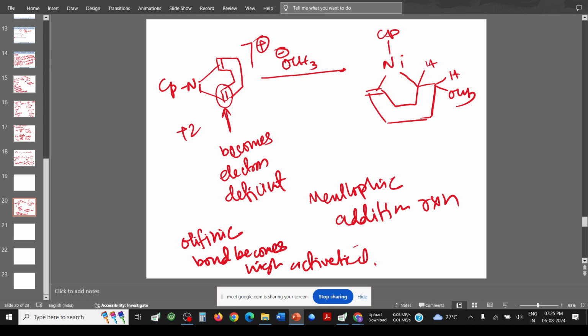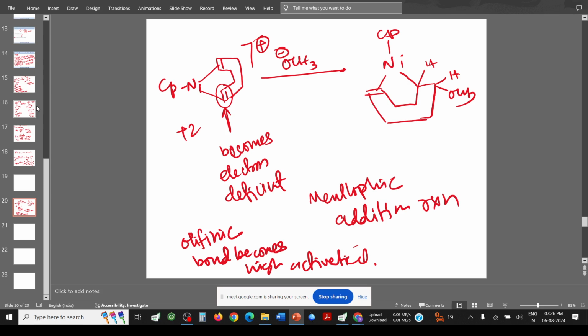That's why the electron density on the carbon atom decreases. This type of olefin is called an activated olefin, because of this deficiency of electron. Then any nucleophile like OCH3 minus can attack this olefinic carbon atom, opening the olefin bond to give these metal alkyl complexes.